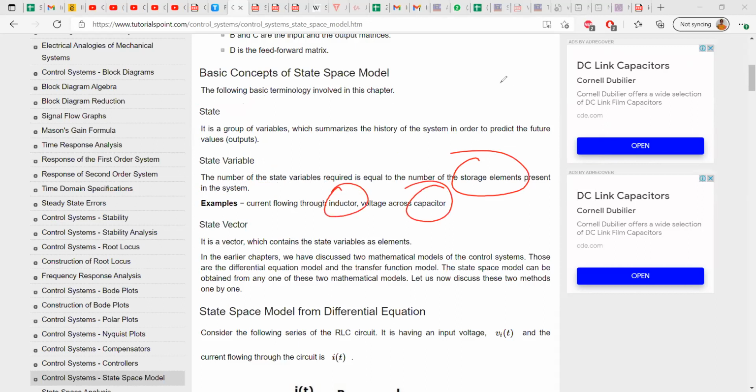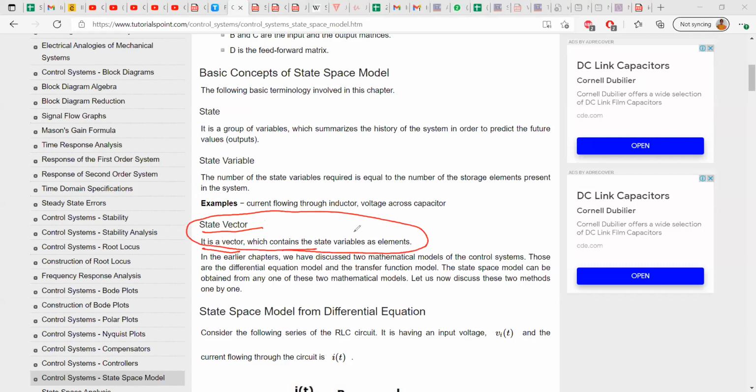Next, what is state vector? It is a vector which contains the state variables, that is inductor and capacitor in an electrical system, as elements.